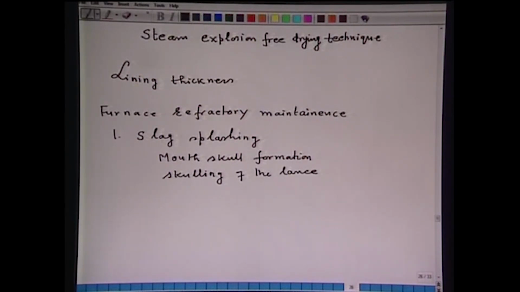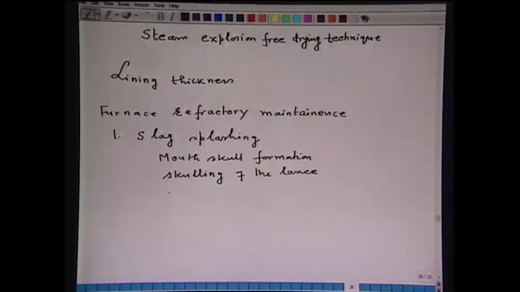In slag splashing, one more thing I would like to mention: when slag splashing is used for a top and bottom blowing converter, then in that converter we have bottom tuyeres. These bottom tuyeres should be free.